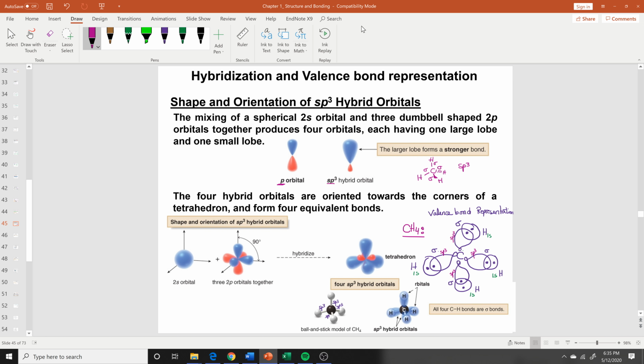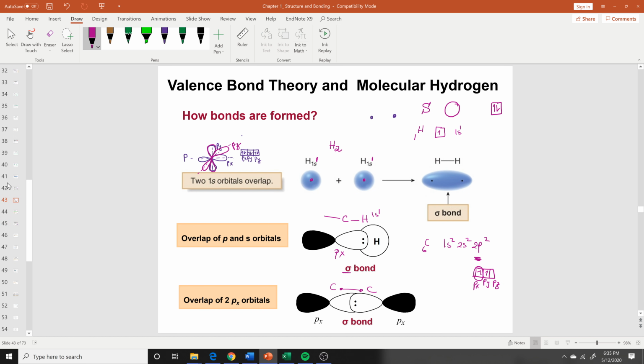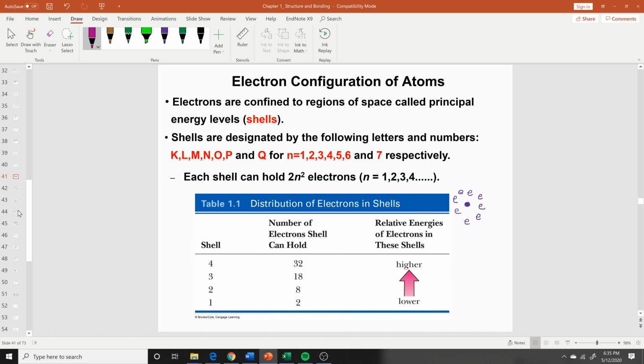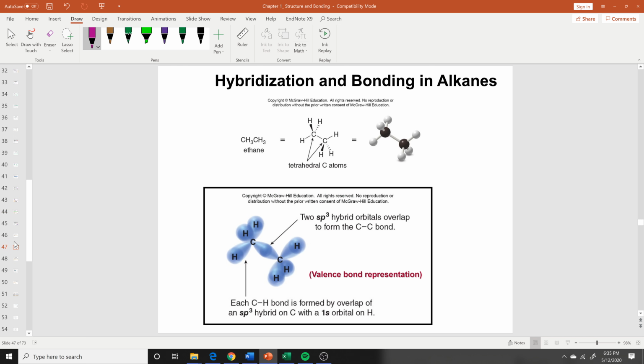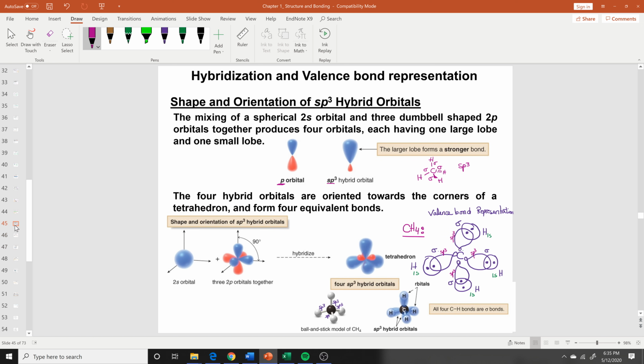So I have 4 sp3 hybrid orbitals, and each of these sp3 orbitals has 1 electron. Where did I get this 1 electron? I got it from here. So every hybrid orbital has 1 electron in it. So you have an sp3 hybrid orbital on the carbon that overlaps with the 1s orbital of the hydrogen.